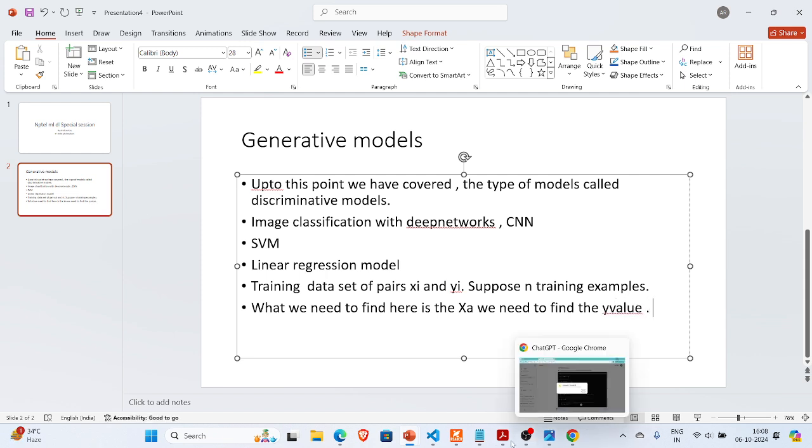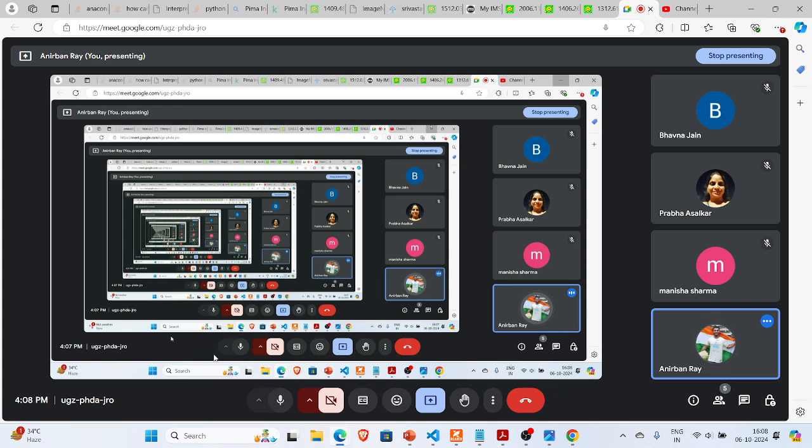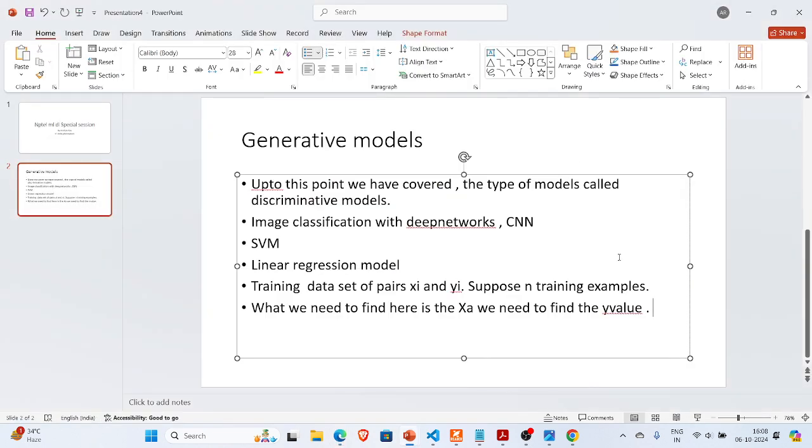Let me see if the recording is working perfectly. Screen you can see, right? Screen is visible, and you're able to hear as well. Sir, your voice is not clear, it's cutting at the last of the sentence.